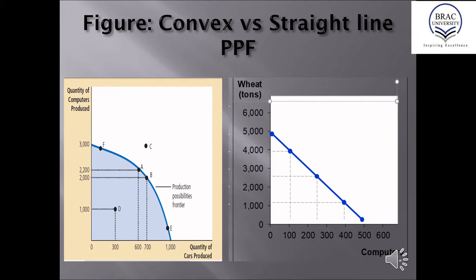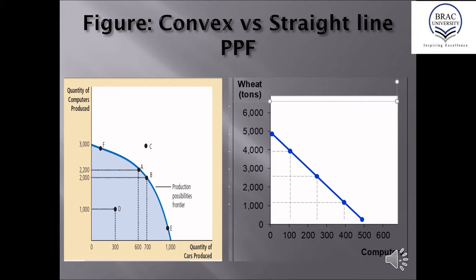The slope would be the change in y, that is the change in computers here, which is 2200 minus 2000, that equals 200, divided by the change in cars, which is 700 minus 600, that equals 100. So 200 divided by 100 equals 2. So moving from point A to B, the slope of the PPF is 2.